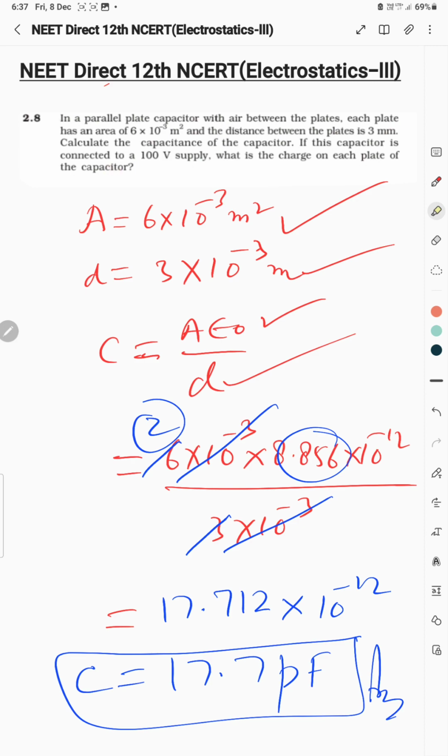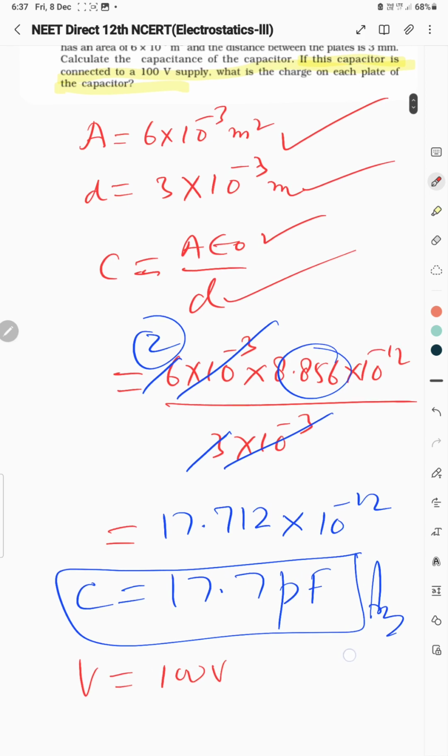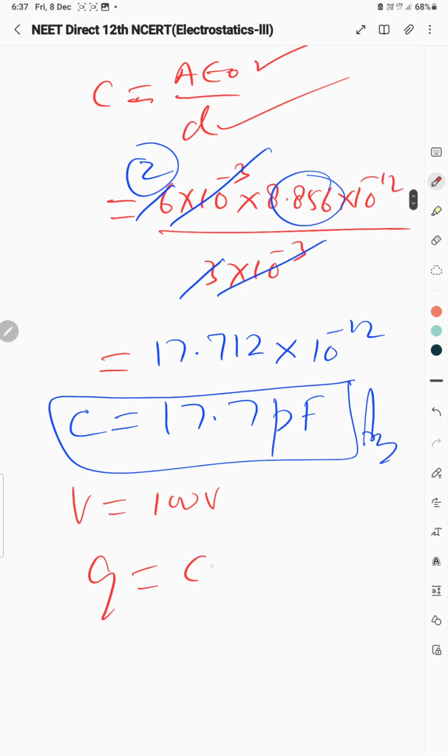Let's read the question further. It is asked, if the capacitor is connected to a 100 volt supply, what is the charge on each plate of the capacitor? In the second part, the voltage given is 100 volt. So how much charge is placed on each? Q = CV. C, as you saw, is 17.7 × 10^-12, into voltage, that is 100.